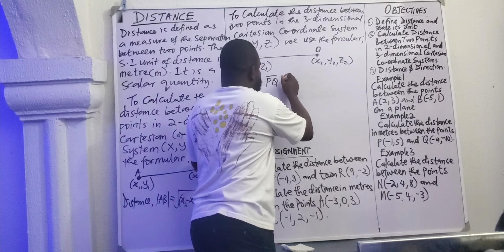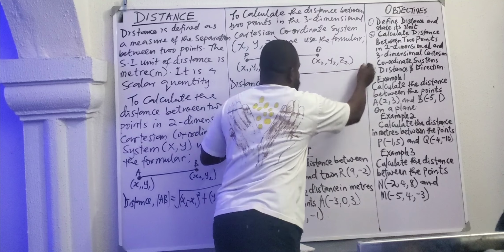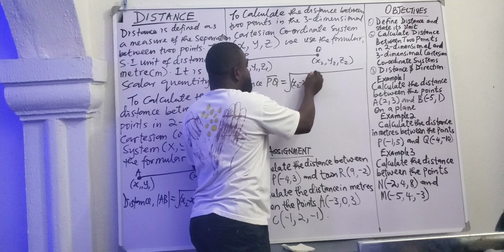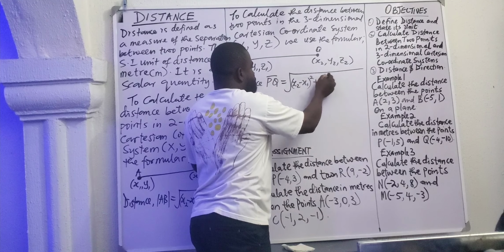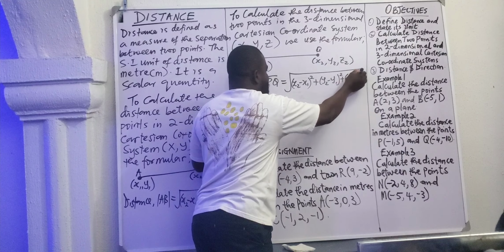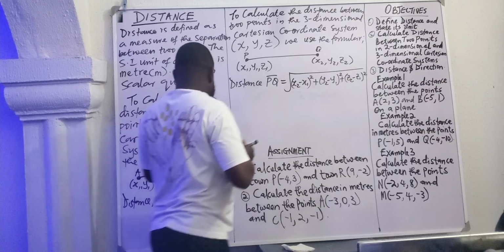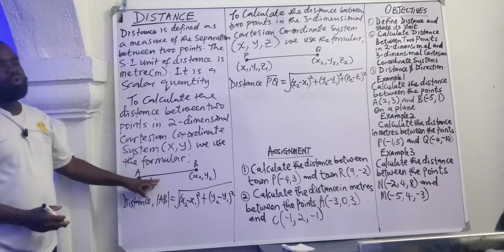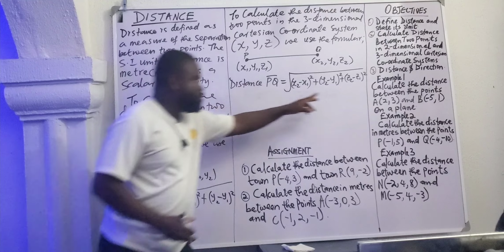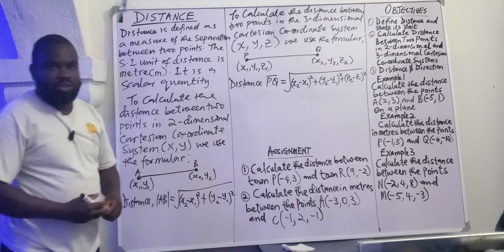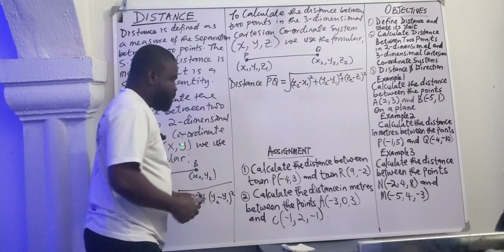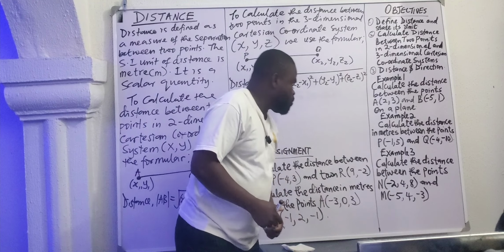The distance PQ will be given by the square root of x2 minus x1 all squared plus y2 minus y1 all squared plus z2 minus z1 all squared. So you will see it's just an extension of this two-dimensional Cartesian coordinate system. Only now we're including the direction of z. So we are going to use these two formulas to calculate the distance between 2 points.